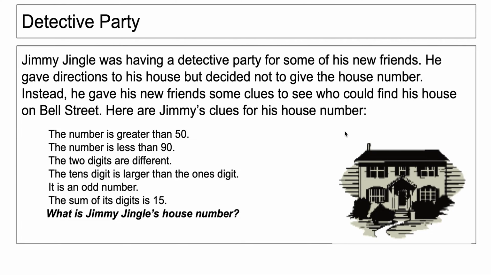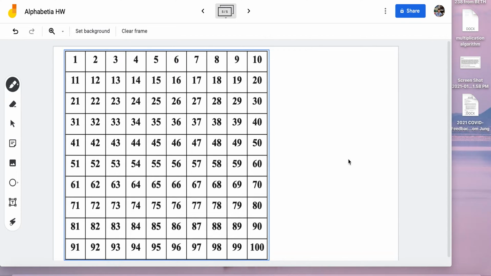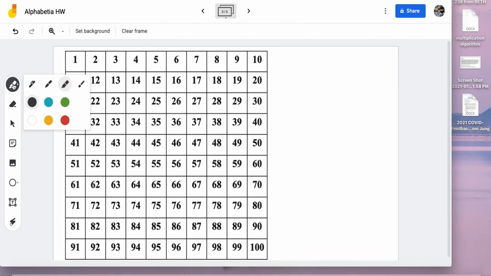Yeah, they may help. So some of you even thought that a 100 chart like this will be helpful. So let's consider the clues one more time, okay, using all of these numbers from 1 to 100.